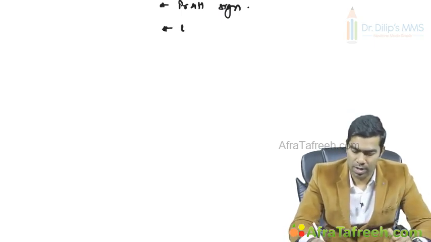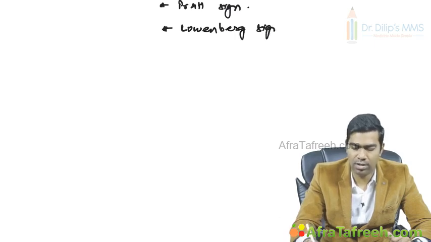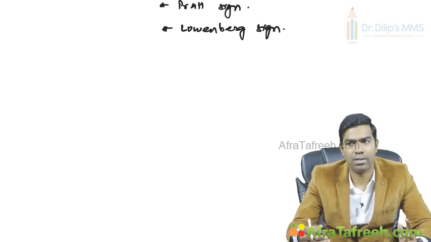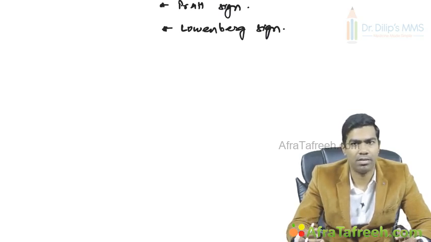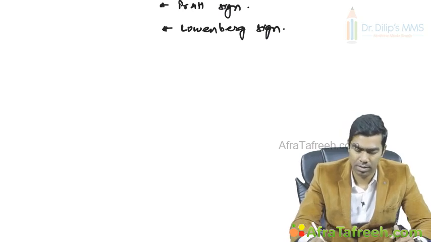And next, you have Lowenberg sign. This is a very trivial one of all the signs, where applying a sphygmomanometric cuff and elevating the pressure around the leg will elicit pain. Very simple, very trivial, very funny and very silly also. This you can do in the Moses sign as well as Pratt sign itself.